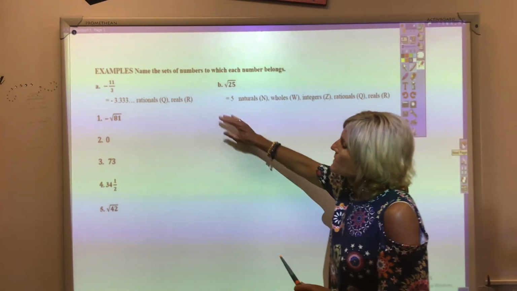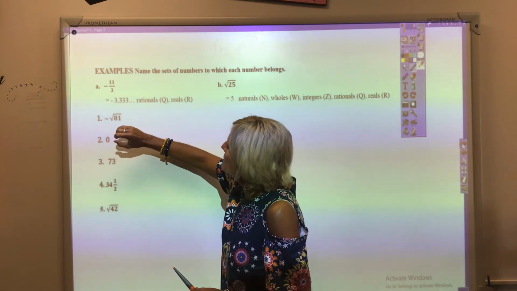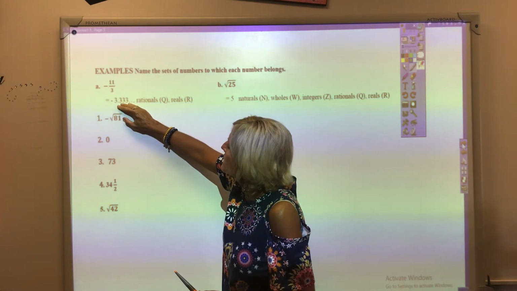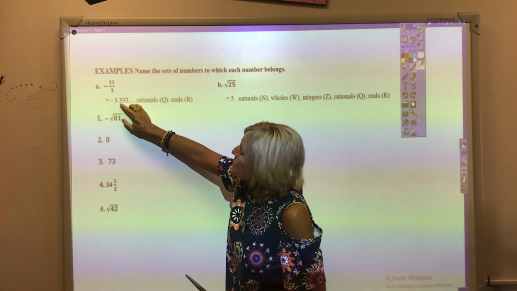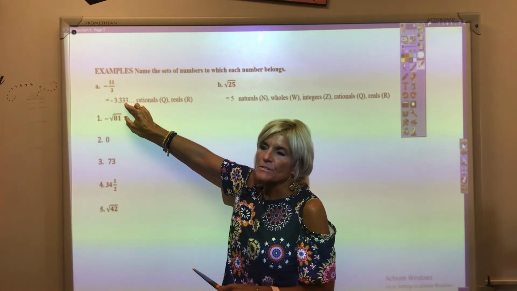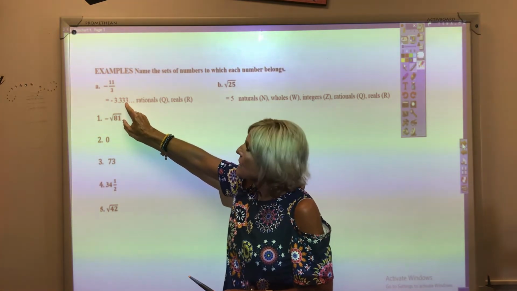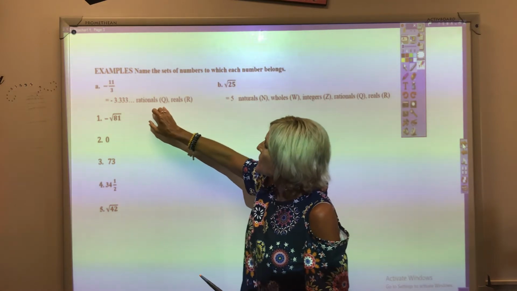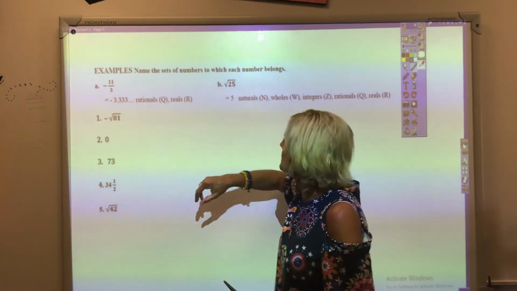So we'll start with the two examples, and you can see that negative 11 over 3, if you simplify that, just keeps going, and going, but it's repeating, and an irrational number is non-repeating. So this is considered a rational number rather than irrational.